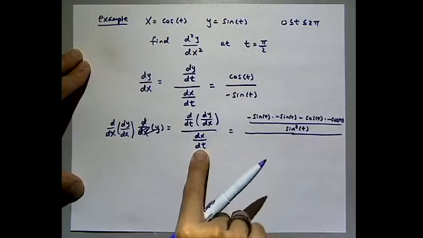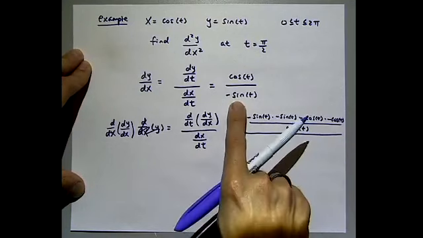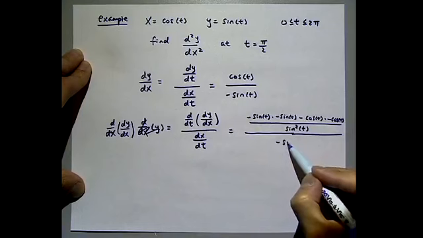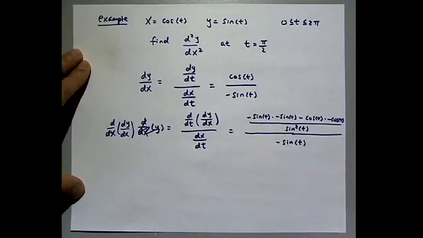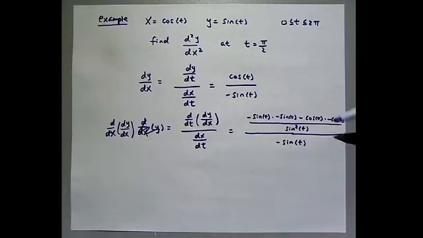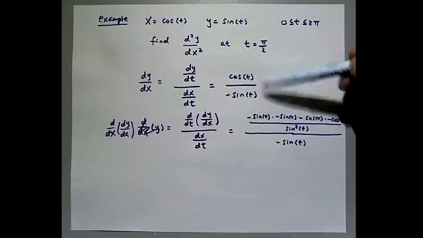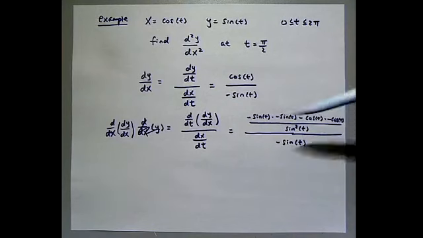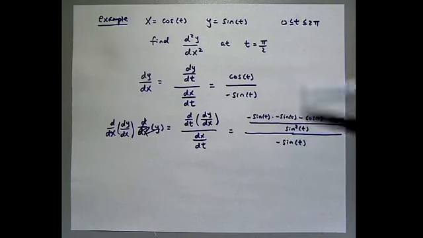And downstairs is still dx/dt. So this guy again. Okay, so once again, numerator is the derivative of this. And this is the quotient rule.